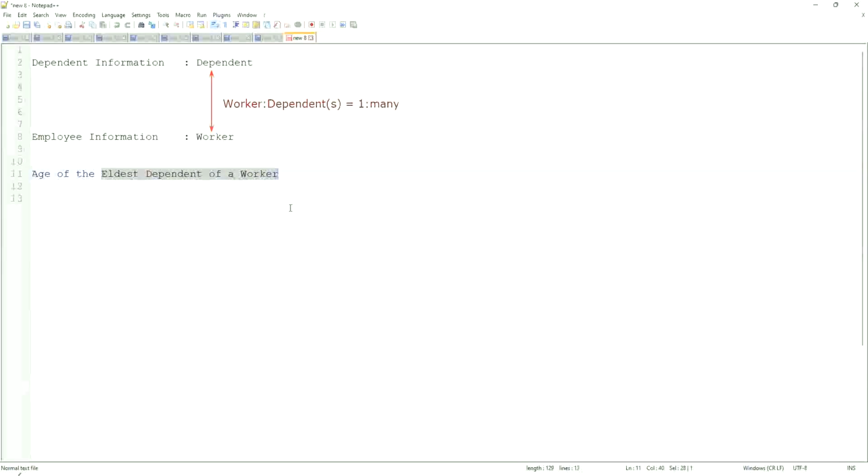One worker may have many dependents. Now, when you have multiple dependents, how do you find the eldest dependent? Based on what? Based on the age. Based on the age of the dependent. If I say how to find the eldest dependent, first of all, we will find it on the basis of the age of the dependent.